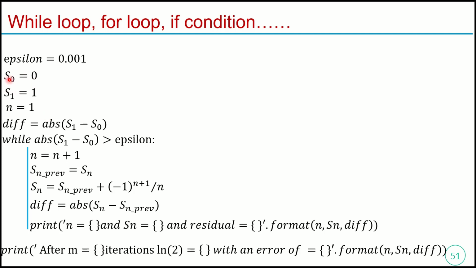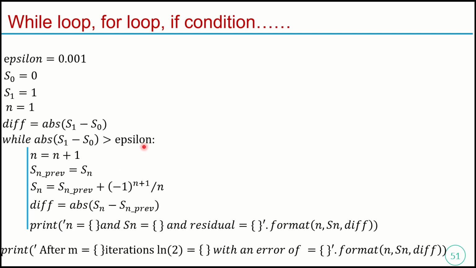S0 can be any value different than 1, because I need to enter my loop with a difference bigger than epsilon. You can choose any value here for S0, but I tried 0, which is a good initialization. When you calculate the absolute value of S1 minus S0, this difference is equal to 1, so it's bigger than epsilon, and we can enter the loop.